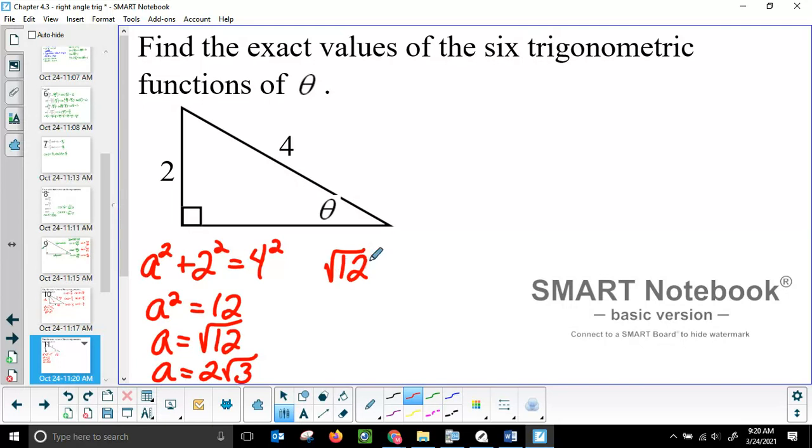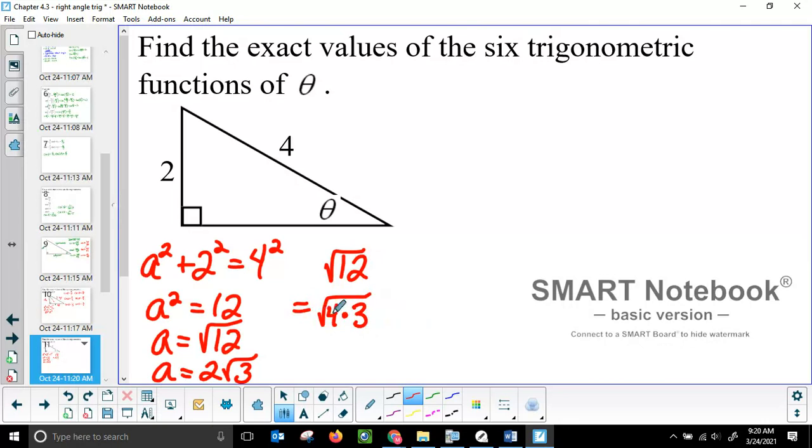Well, 4 obviously goes into 12, yes? Do we agree? So I can rewrite this as the square root of 4 times 3. We do agree that 4 times 3 is 12, yes?